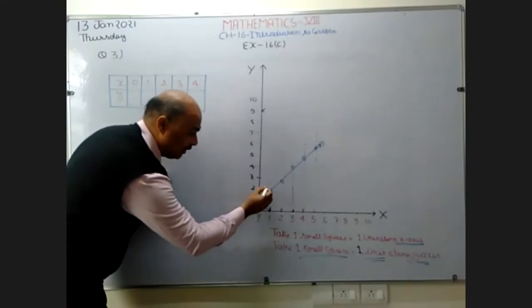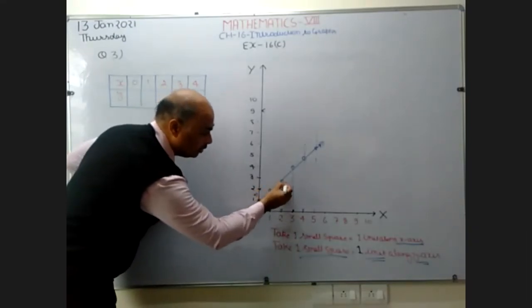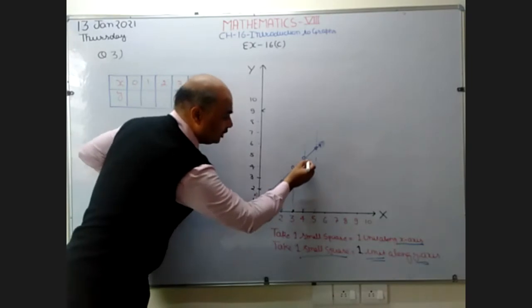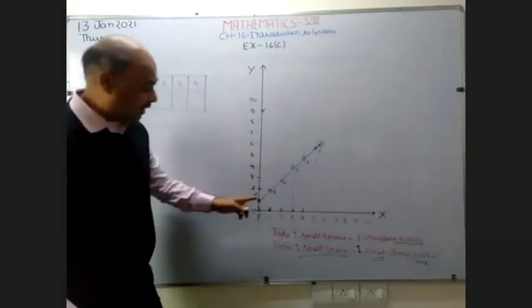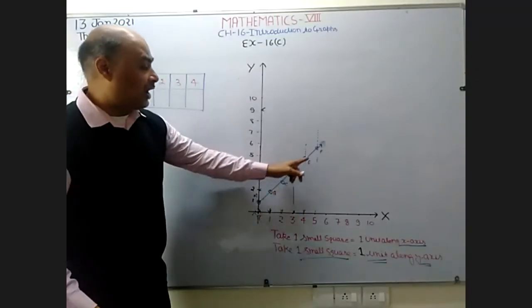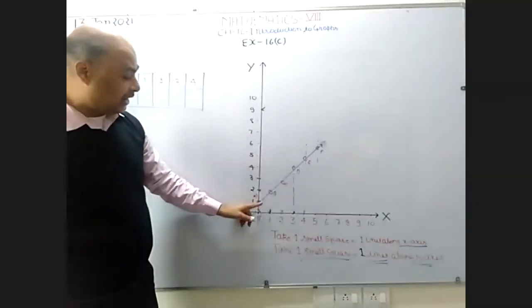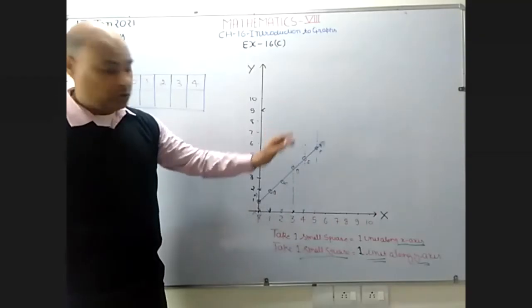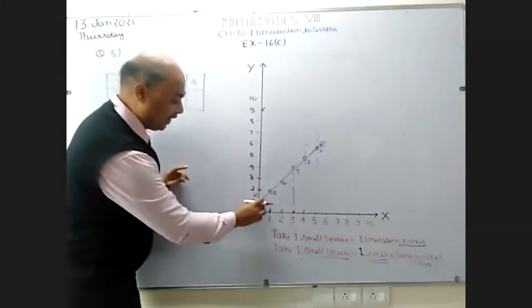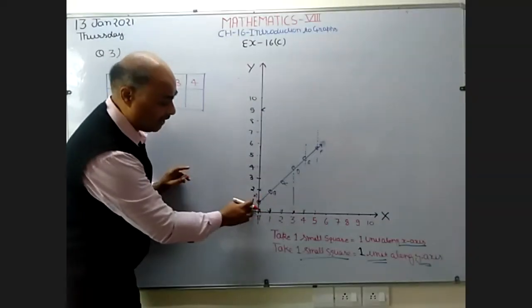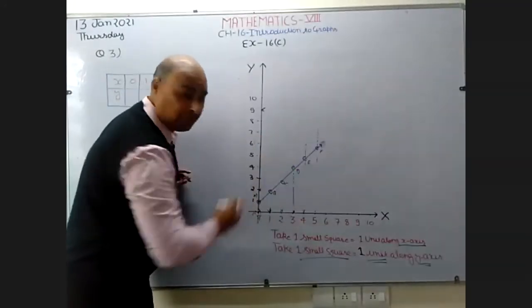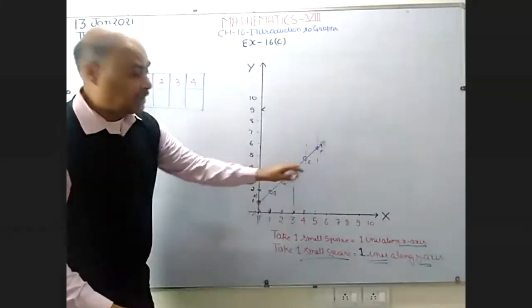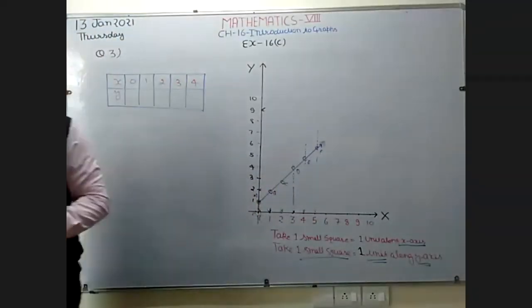This point is A, this point is B, this point is C, this point is D, this point is E, and this point is F. 1, 2, 3, 4, 5, 6, six points are there. You have to answer the coordinates of A, B, C, and D. You have to check from your graph and tell what the answer is.